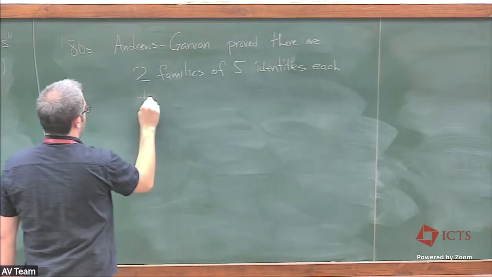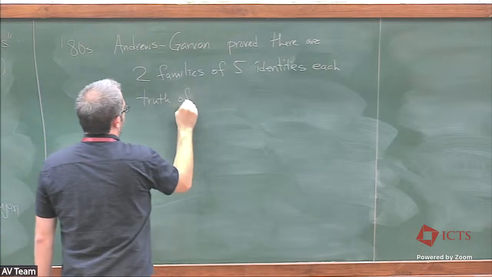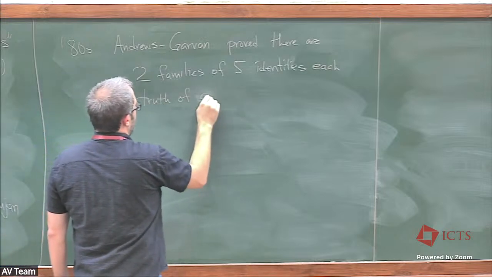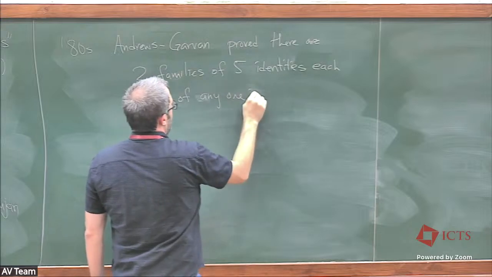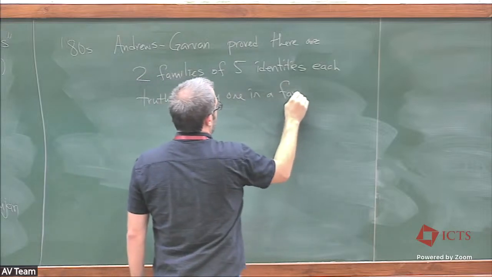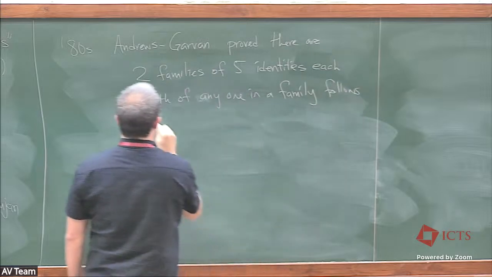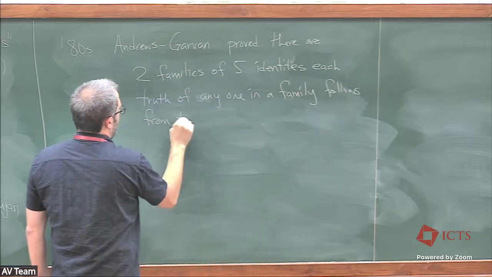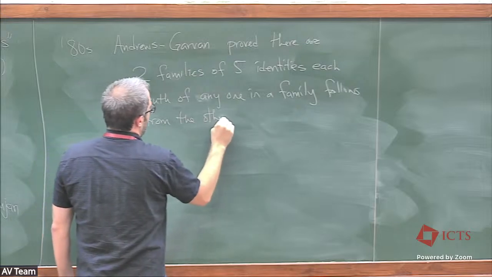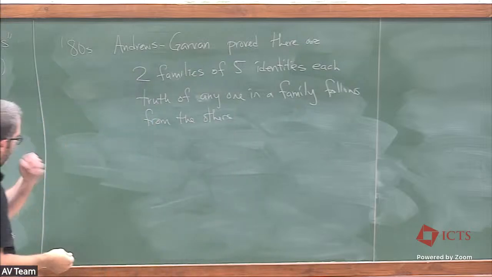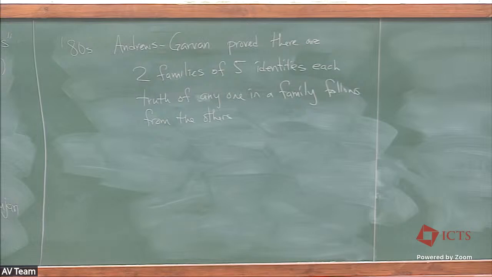And the truth of any one in a family follows from the others, at least in a straightforward way. So in other words, these 10 identities, they said, okay, really there are 5 and 5. And if you prove any one in this family, then you get all 5. And if you prove any one in this family, then you get all 5.